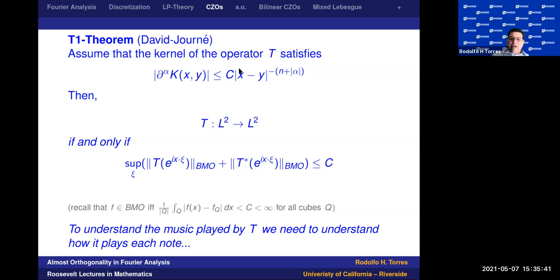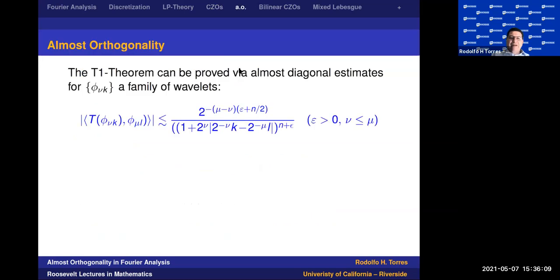In this case, we're talking about boundedness, so it gets a little more complicated. But the way I always express this is: to understand the music played by T, think of these as pure tones, each note. The music will be how it acts in L2, the music played by T. You really need to understand how to play each note, right? Otherwise, you cannot play the song that T represents. Anyway, that's one way to think about it.